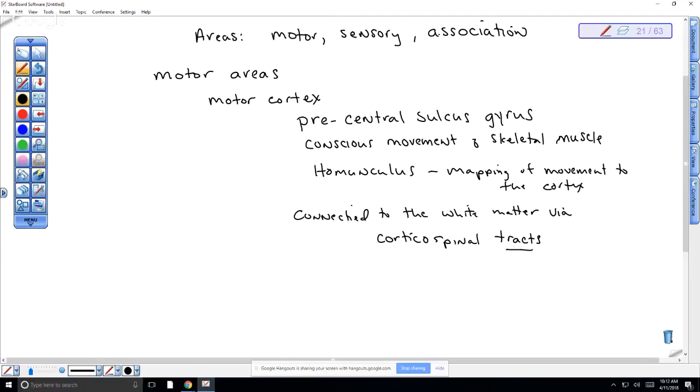Okay. Sometimes these are also called pyramidal cells. These large pyramidal cells make up the corticospinal tracts. That's part of what the white matter is in our cerebral hemispheres, the connection of the cortex to the lower brain centers and to the spinal cord.